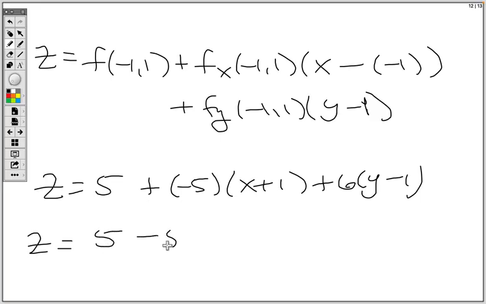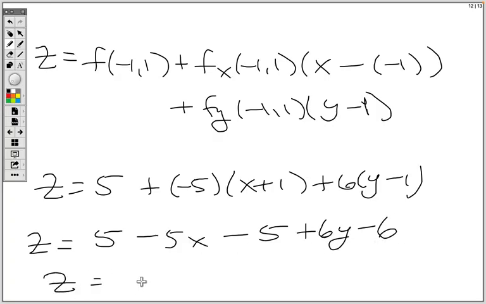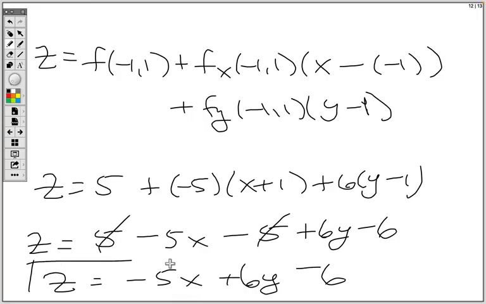So 5 minus 5x minus 5 plus 6y minus 6. So we get z is minus 5x plus 6y minus 6. Any questions on the simplification there?